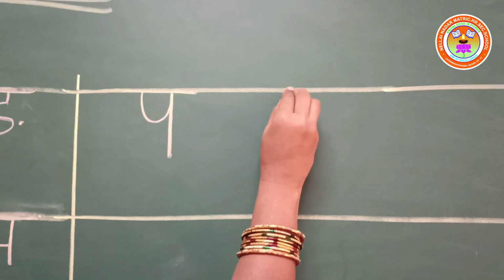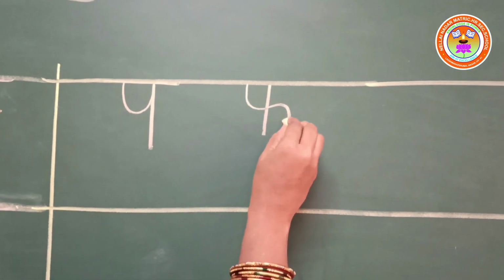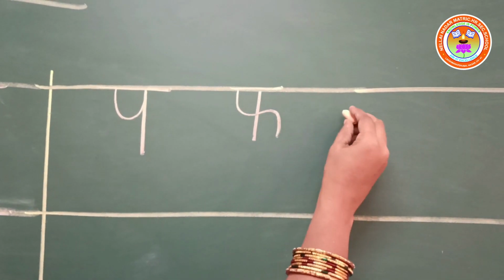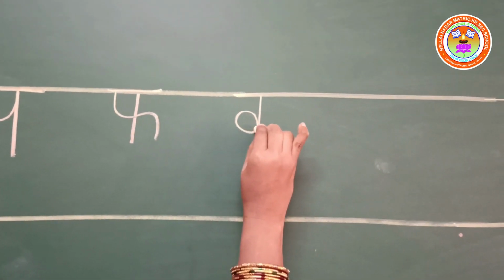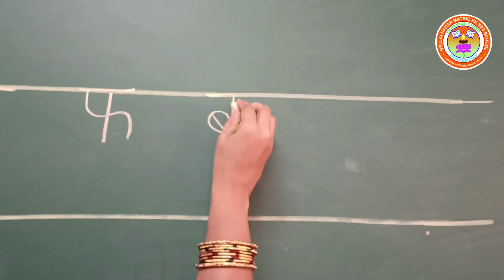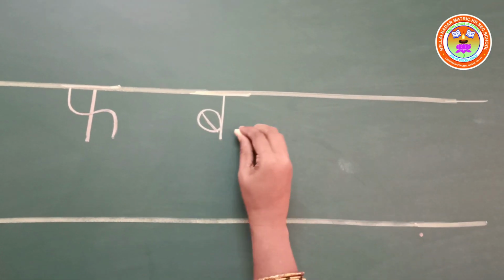Children, draw a U curve and a straight line and a sleeping line on top of it. P. Draw a straight line, draw a curve, bring it down and a sleeping line on top of it. F. Draw a straight line, a small circle and a cross line in between the circle and a sleeping line on top of it.